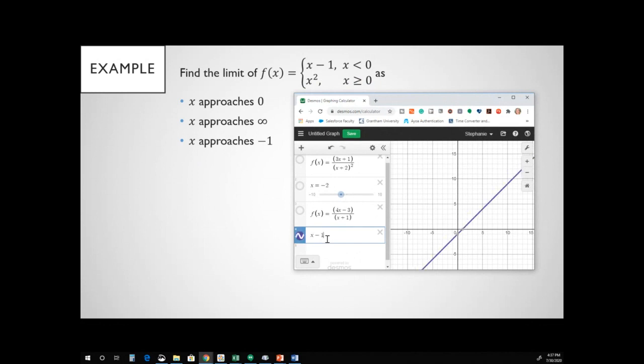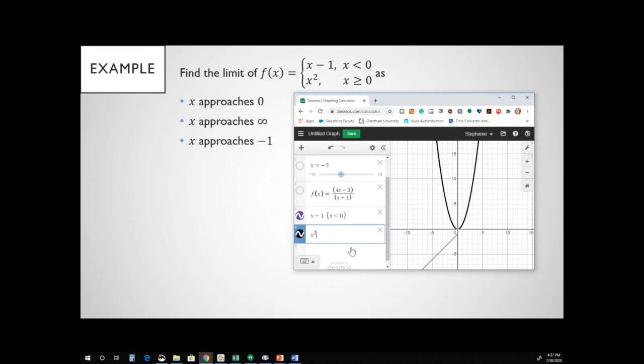So I can do x minus 1, and then this is for x less than 0. And so it only graphs for x less than 0. And then I have x squared, and this is for x greater than or equal to 0. If you hit the equal sign, it will change symbols. And so now we've got our piecewise. We have two different pieces here.